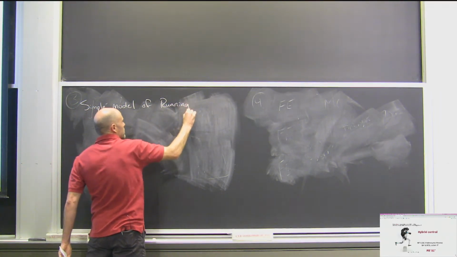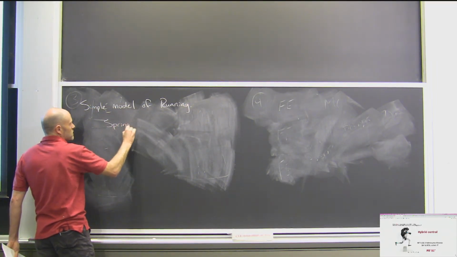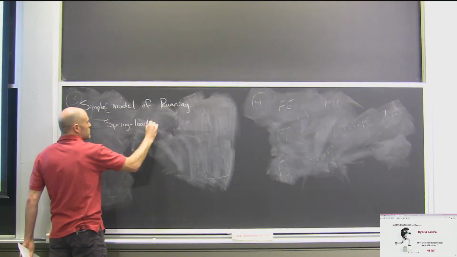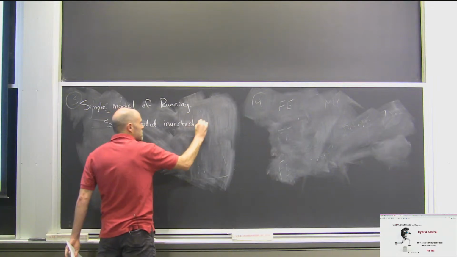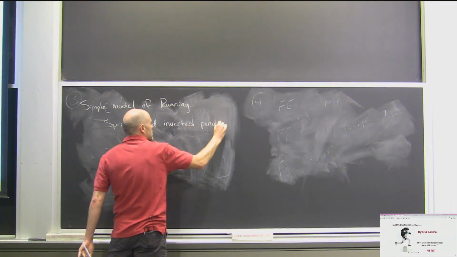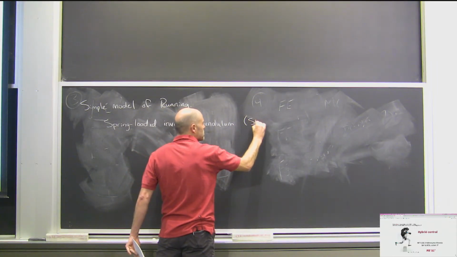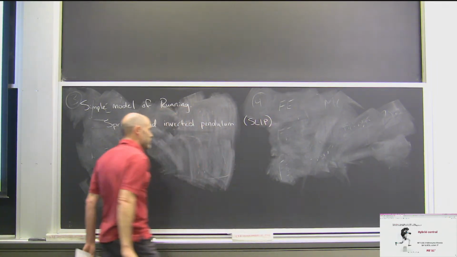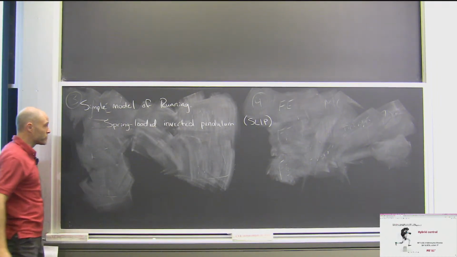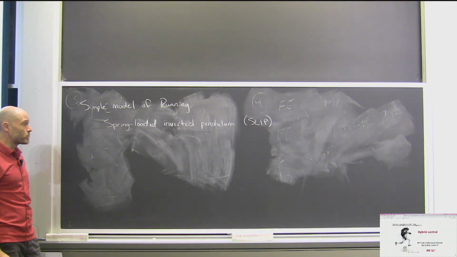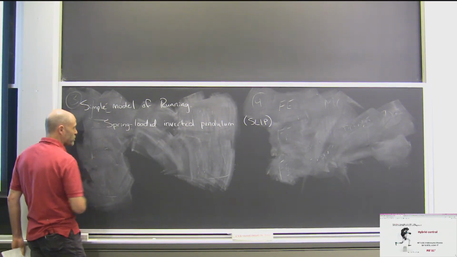And the one I'll use here is the spring-loaded inverted pendulum, which we like to call the SLIP model. Okay, so let me even just justify why a spring-loaded inverted pendulum is a reasonable thing to think about when you're talking about running.